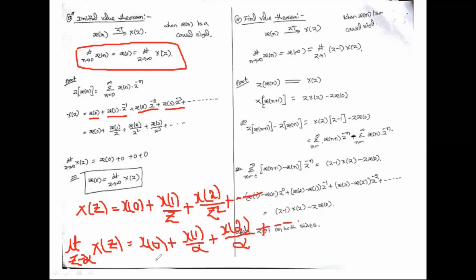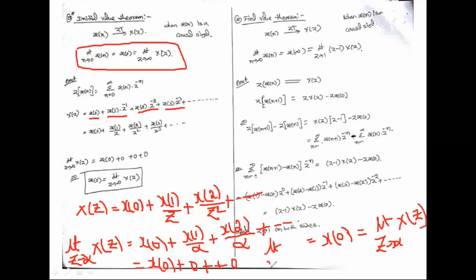So 1 by infinite is nothing but 0, my dear students. 1 by infinite is 0, plus 0 and so on. X of 0. Now we got x of 0 is equal to limit z tends to infinite x of z. What is x of 0? You can write it in terms of n.